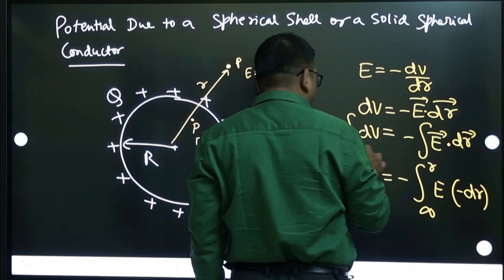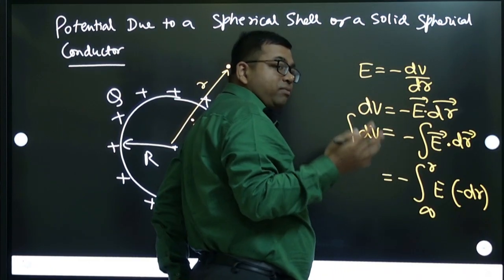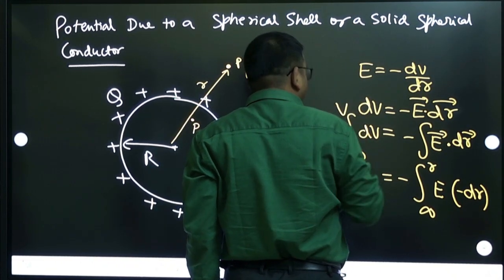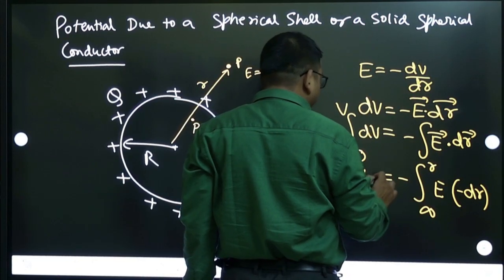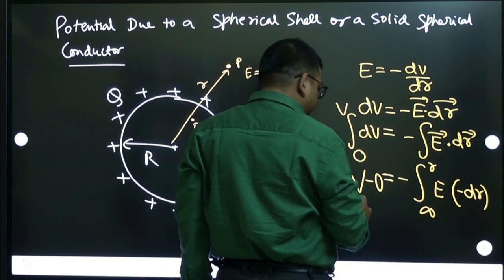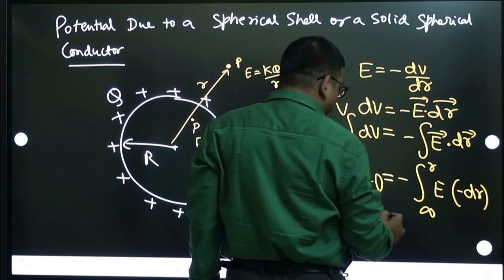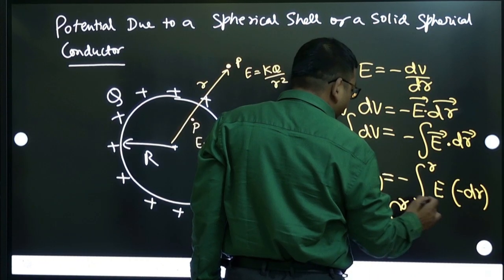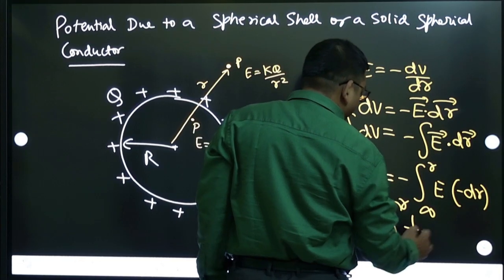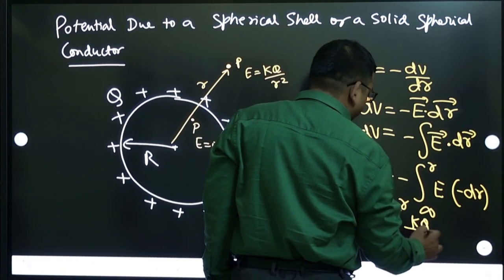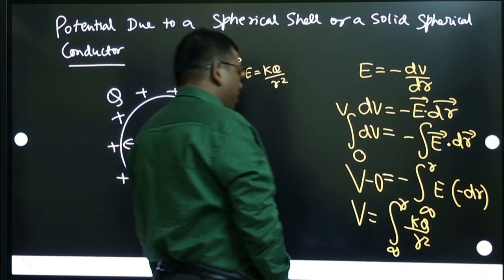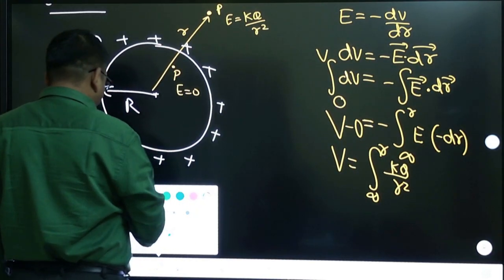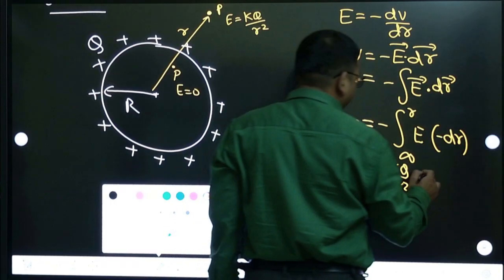The potential at infinity we already know is 0, so this is nothing but v minus 0, which gives v only. You have to integrate from infinity to r, kq by r square dr.